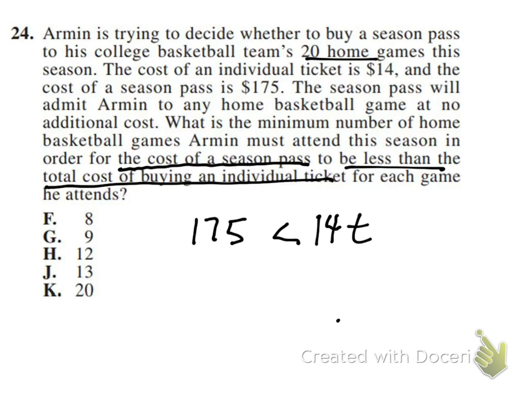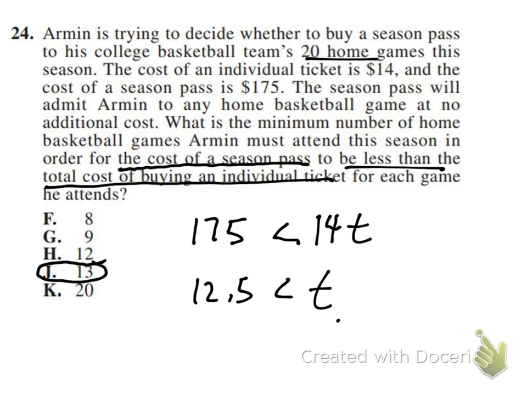All right, so if we divide both sides by 14, what do we get? 175 divided by 14. Nice calculator there. 12.5. So he has to go to more than 12.5 games. Which one of these numbers is more than 12.5? 13.